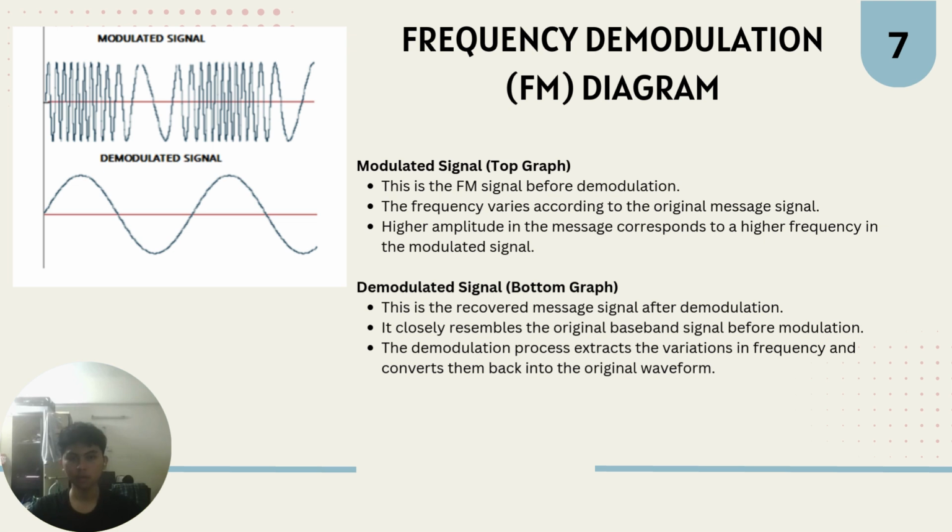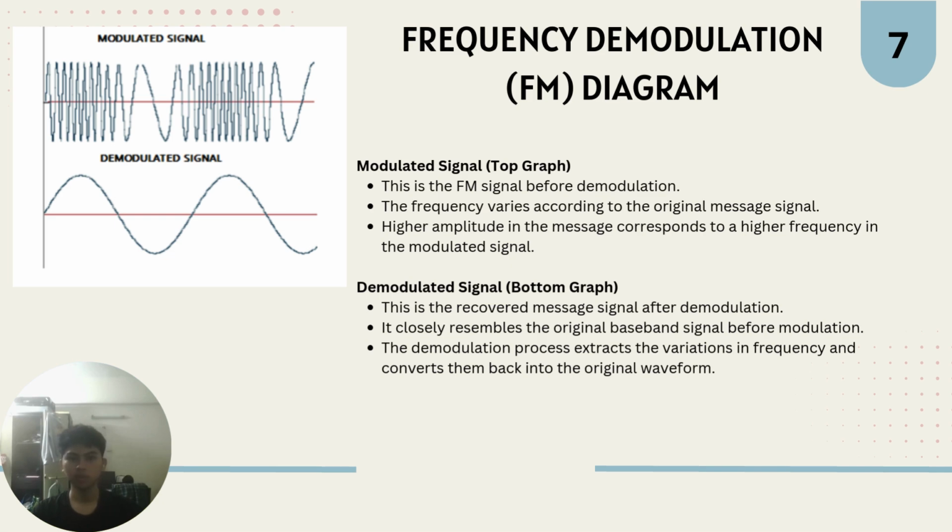Moving to slide 7, which is frequency demodulation, FM diagram. FM demodulation is the process of extracting the original message from an FM signal. A PLL circuit or frequency discriminator is used to convert frequency variation back into sound.